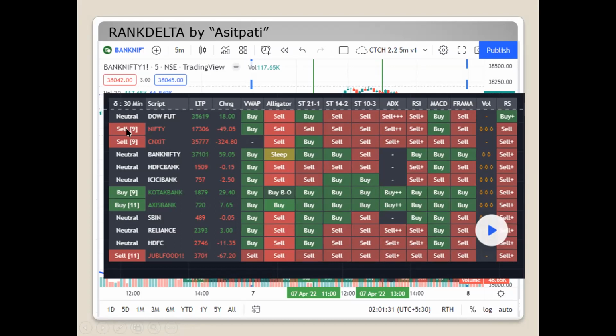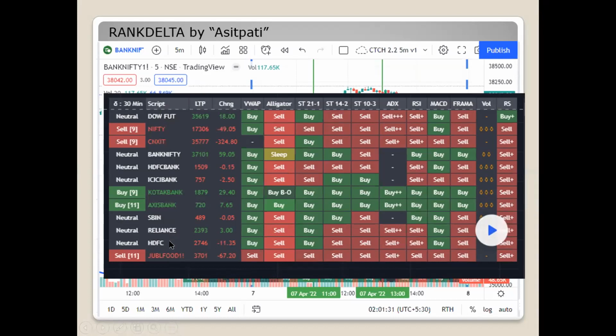Most of the things are on the selling side, so that's why the count is coming. And here Dow futures, it is giving an indication that it is not a target. Similarly, for each asset, bank Nifty or any stock, what is the current status, whether it's bullish, neutral, or on the sell side, depending upon the other parameters.